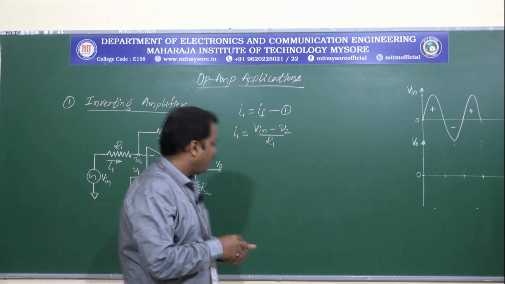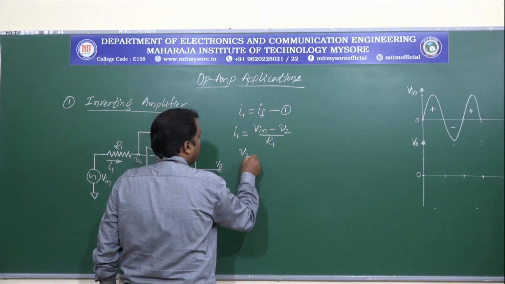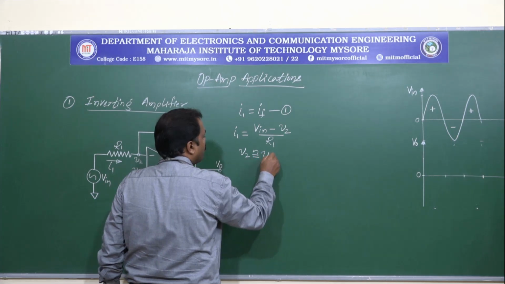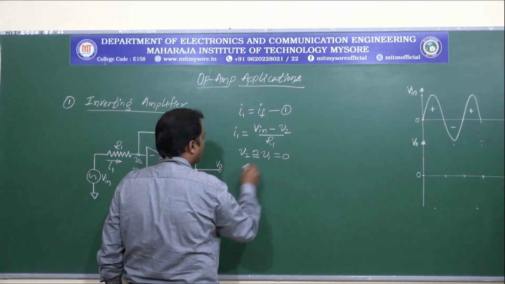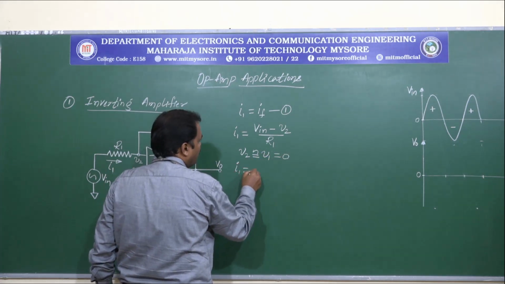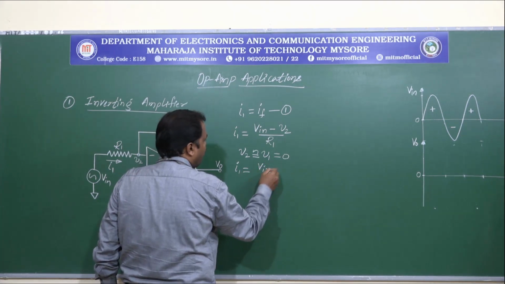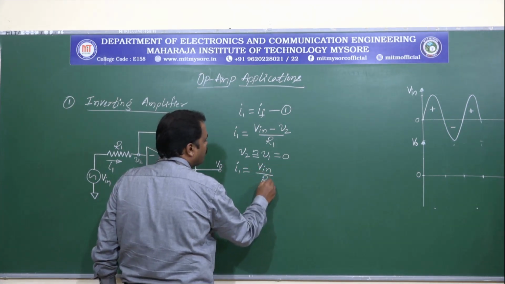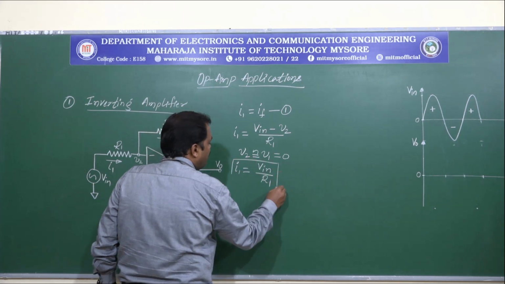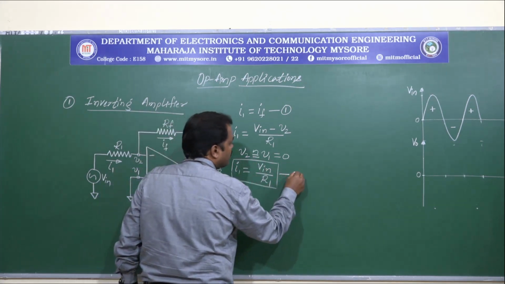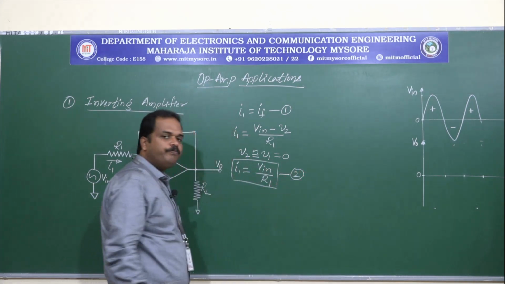So we can say V2 is approximately equal to V1, which is equal to 0. So I1 would be equal to Vin minus 0 divided by R1, which is Vin by R1. Let us call this equation 2.